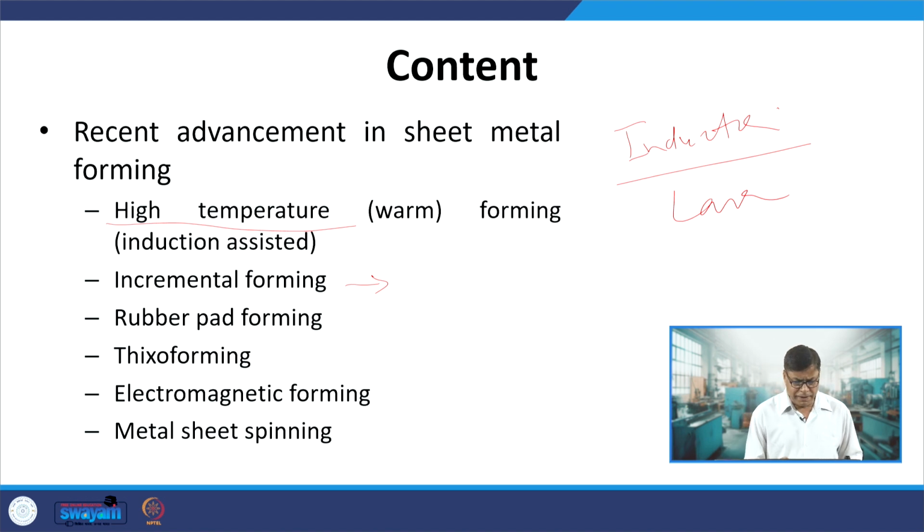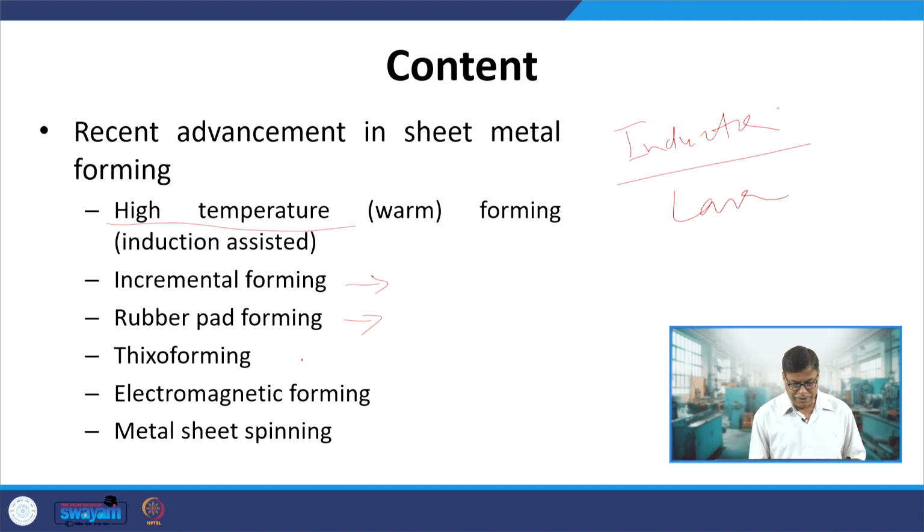Then rubber pad forming is another one, primarily used for making complex shape thin sheet components, where the die is used only on one side and on the other side a rubber pad is used. Application of the rubber pad puts uniform pressure on the sheet metal which is being deformed, and that in turn facilitates improved metal forming.